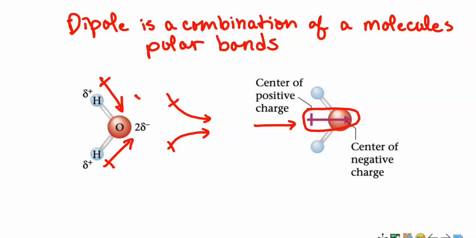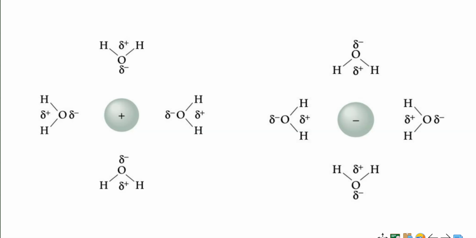So they can come together to form a new direction, a new net dipole. If you remember from physics, vectors add to form a resultant or a net effect. And the reason this is important is because of ions. Now, water has a net dipole that looks like this.